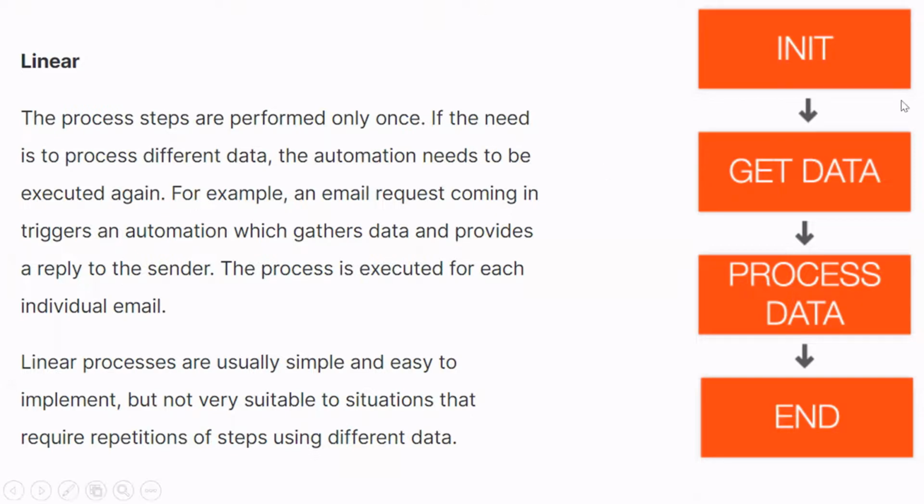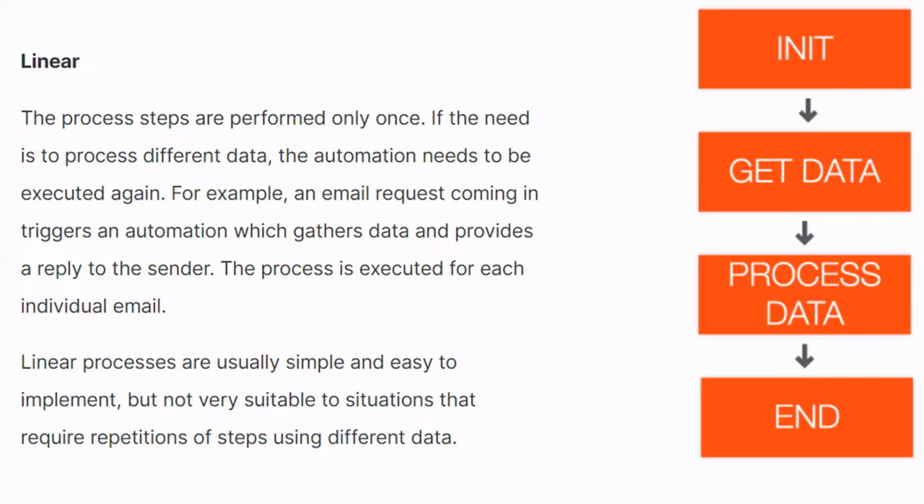In the init, the bot will launch the portal, and in get data the bot will find the file path where the Excel is stored, and after that it will just upload that Excel into the portal and end the process. So it is a one-time task. That is called a linear process.